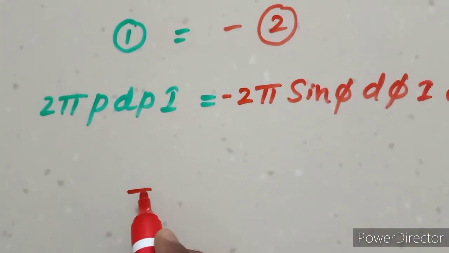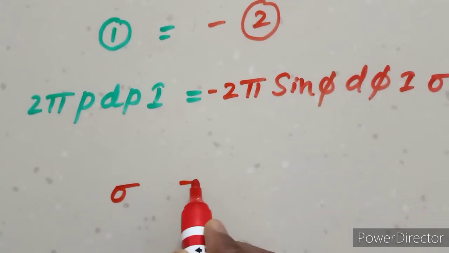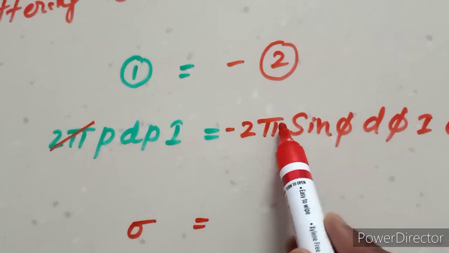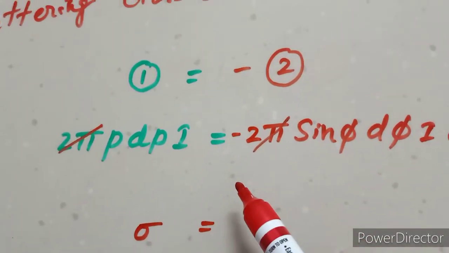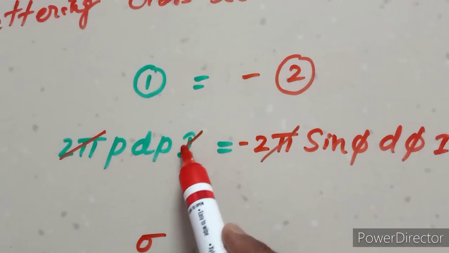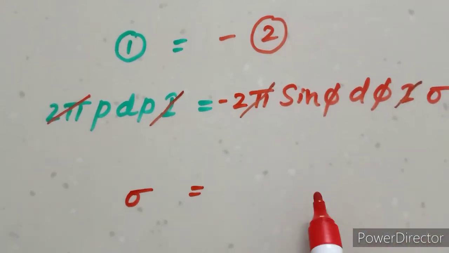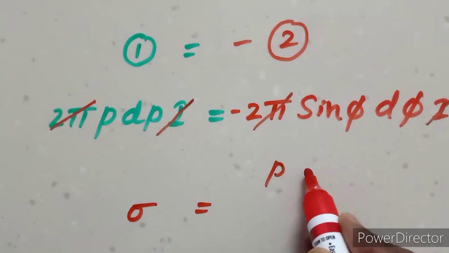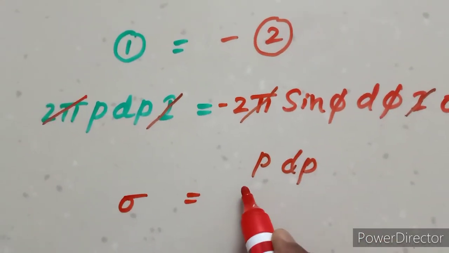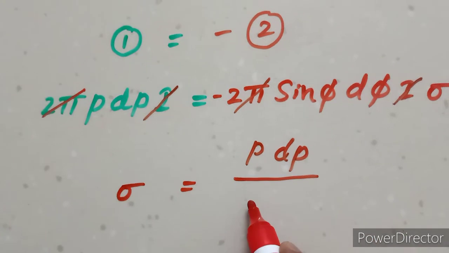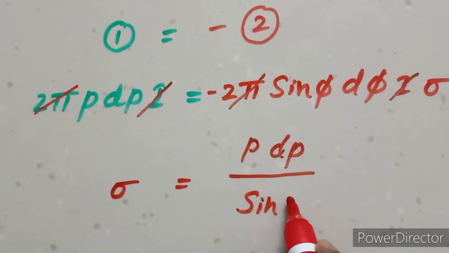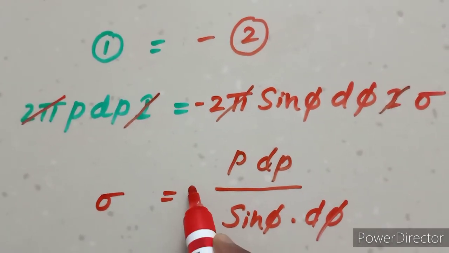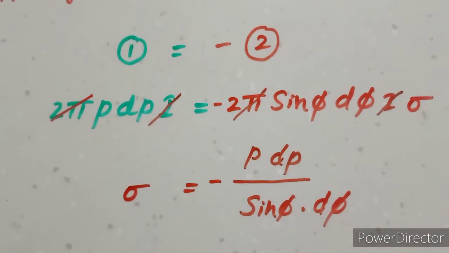So sigma equals, here 2 pi cancels, the remaining I cancels, so sigma equals P dP upon sin phi d phi in the opposite direction.